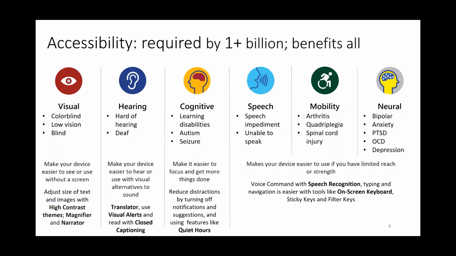There are different accessibility needs. For example, visual needs, where people might be colorblind or have some low vision issues. For those, you can use high contrast themes. There are tools like magnifier and narrator, which you can use for visually impaired people.